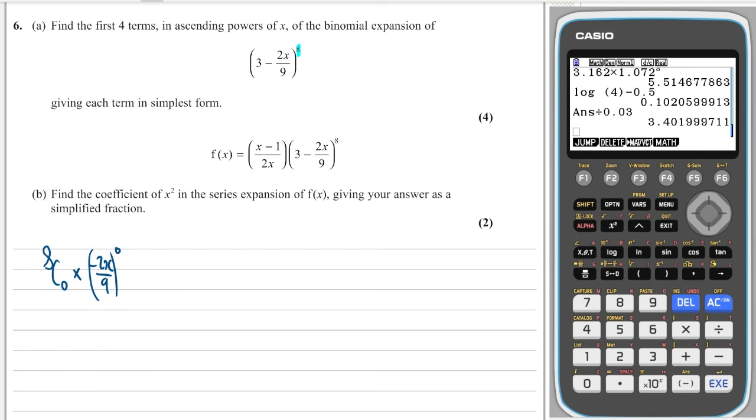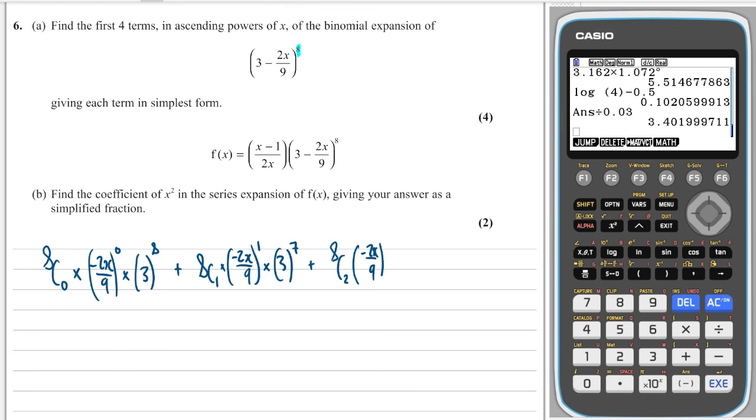That will go to the power of 0. And the numerical term 3 will go to the power 8. And then I will add on 8C1, and the x term will go up by 1 to the power 1, and the numerical term will go down by 1. And we'll just carry that on.